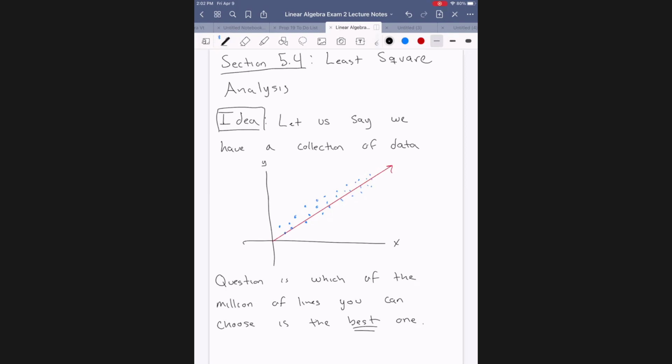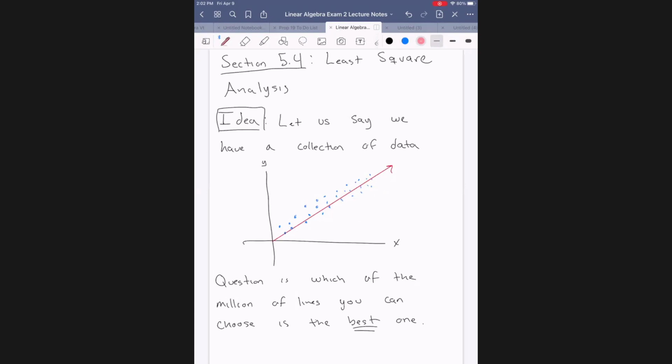Well, the best one would be the one that, basically, if you take every point on here, right, and measure the distance from the point to the line, the best line would be the one that minimizes that distance between every point and the line, right?